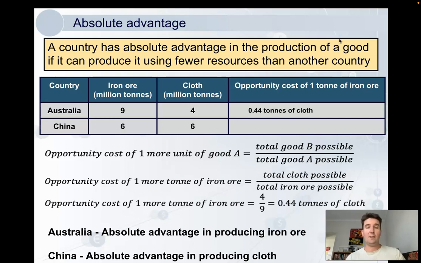So for Australia, the opportunity cost of 1 more tonne of iron ore is 4 over 9, because they can make 4 million tonnes of cloth, 9 million of iron ore. So the opportunity cost of 1 tonne of iron ore is 0.44 tonnes of cloth. Okay, and let's see how you do with China. Good. That should be pretty straightforward, really. There we go.